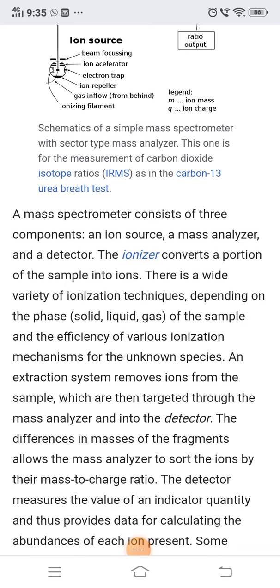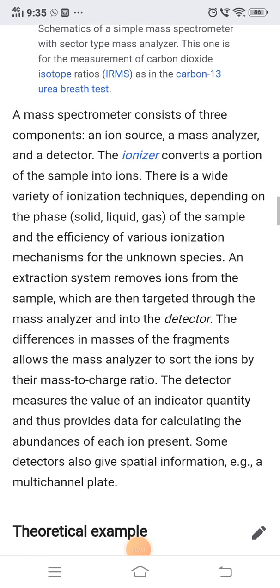There is a wide variety of ionization techniques depending on the phase, that means solid, liquid or gas, of the sample, and the efficiency of various ionization mechanisms for the unknown species. An extraction system removes ions from the sample, which are then targeted through the mass analyzer and into the detector.